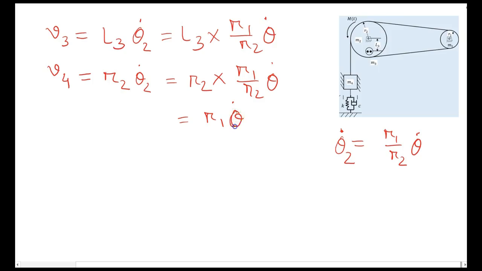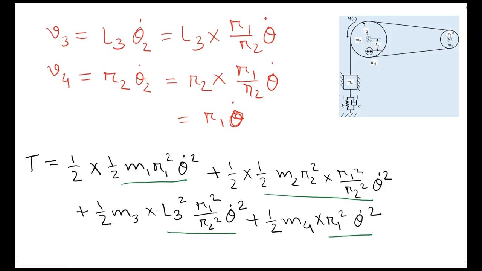Now since we have all the quantities, let's substitute these values into the kinetic energy. After substituting all the kinematic values, the equation T looks like this, where underlined quantities are substituted values.